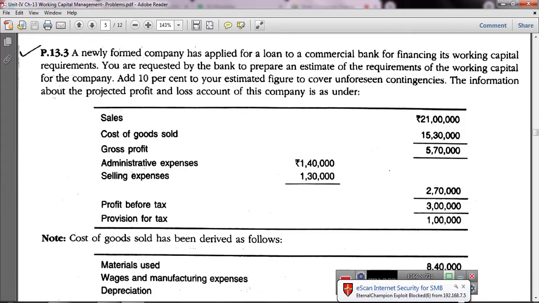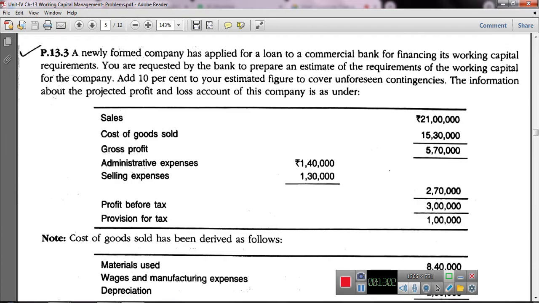Sales 21 lakh rupees. Cost of goods sold 15 lakh 30,000 rupees. Gross profit 5 lakh 70,000 rupees. Administrative costs are 1 lakh 40,000 and selling expenses are 1 lakh 30,000. Put together, the total expenses are 2 lakh 70,000 rupees.